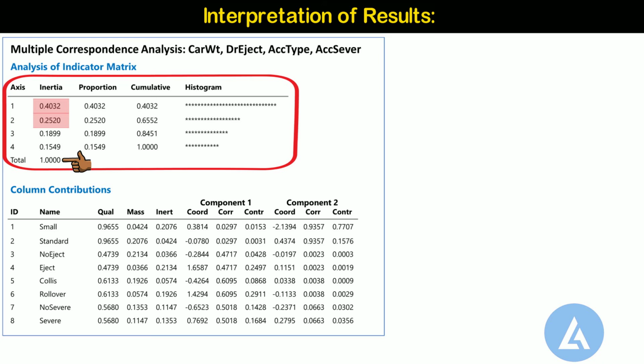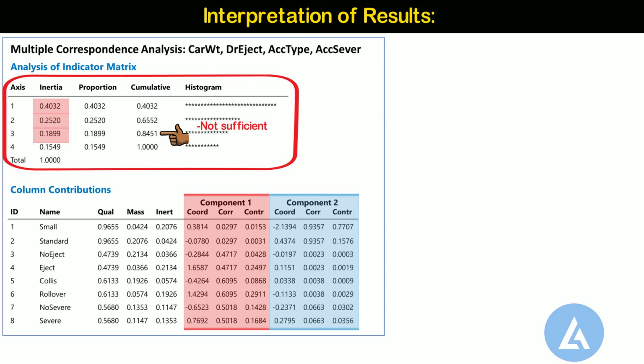Together, these 2 components account for 65.52% of the total inertia. Therefore, specifying 2 components for the analysis may not be sufficient. Adding a third component increases the cumulative proportion of inertia to 84.51%. In this analysis, Minitab calculates 2 principal components for data related to car accidents.